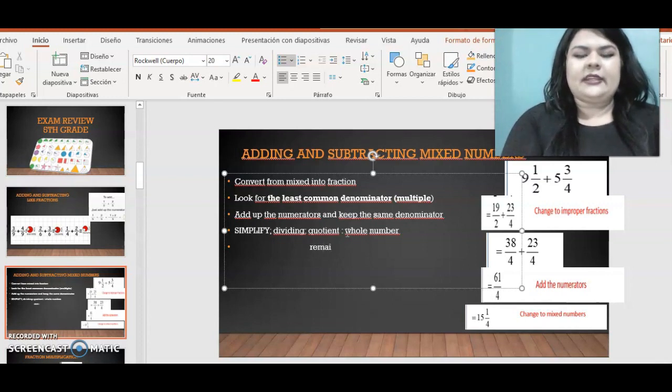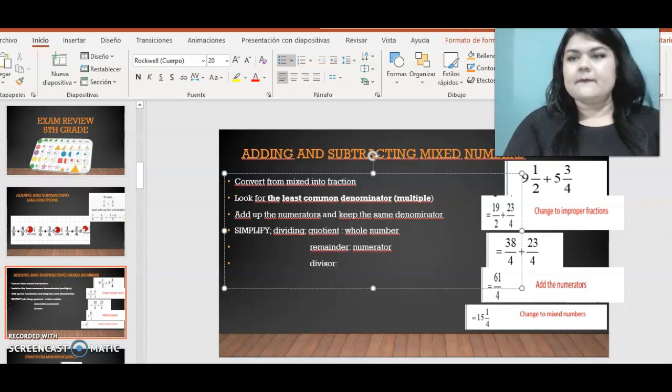Now, the remainder in the division, you remember? Is the numerator. And the divisor is the denominator.